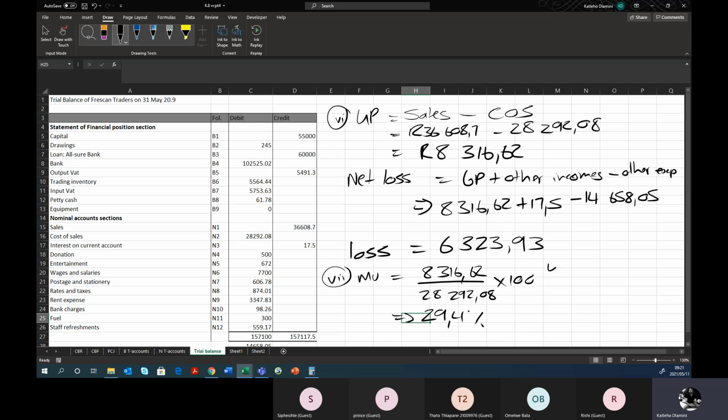Then gross margin, 8316 over sales, which is 36608.7 multiplied by 100.